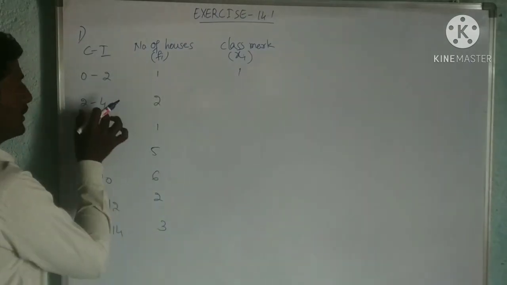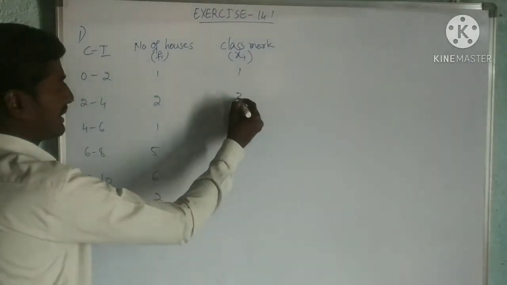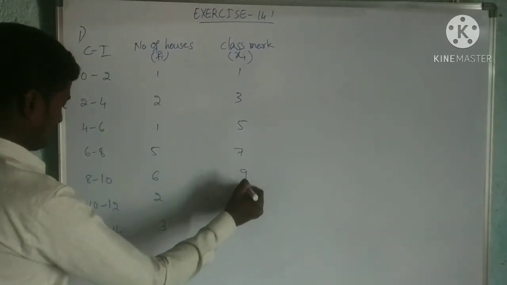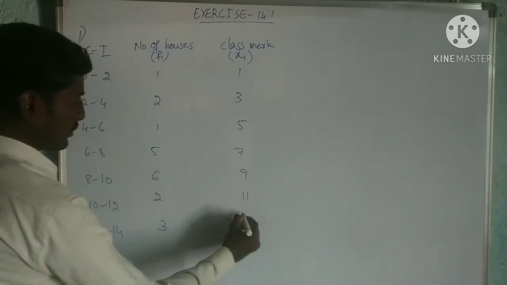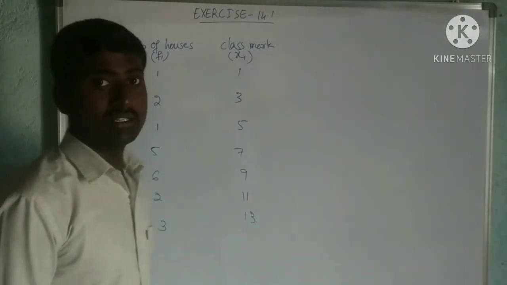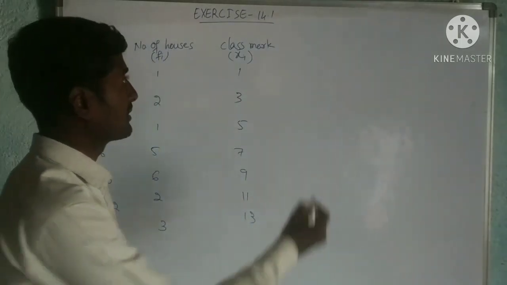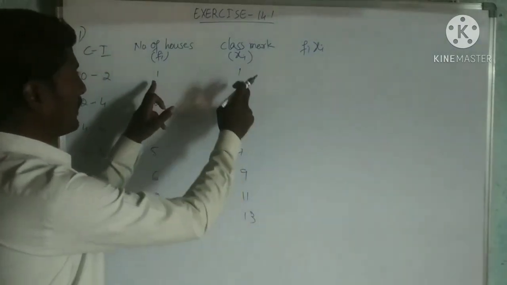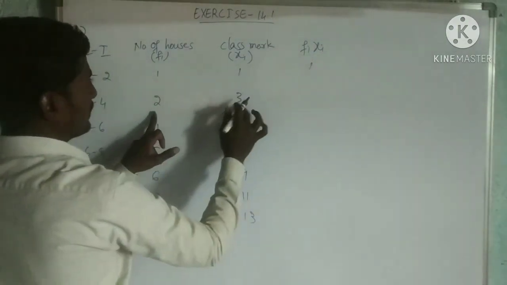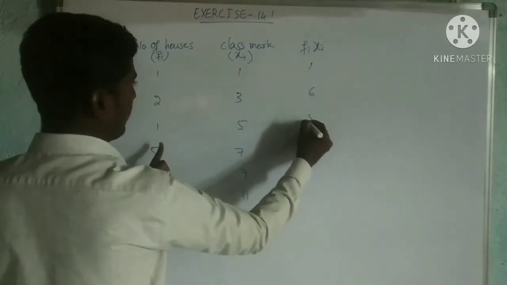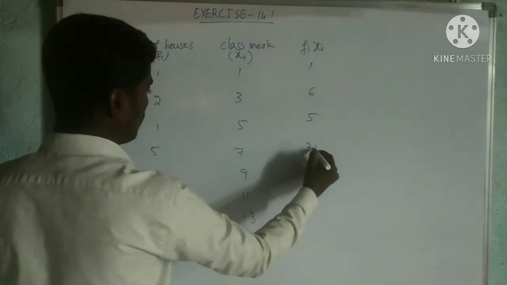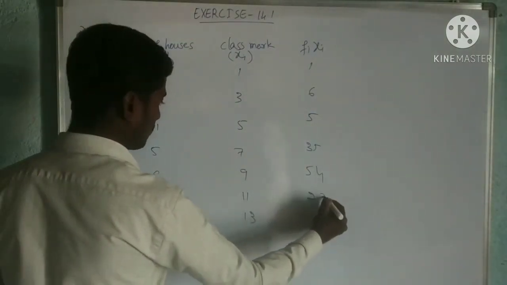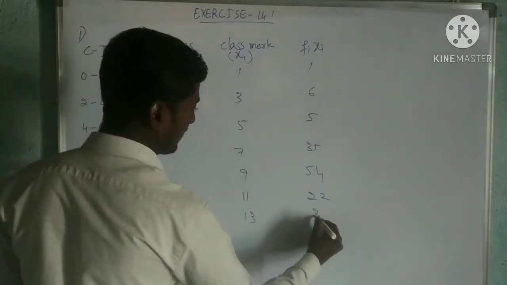That is 1, 2 plus 4 is 6 divided by 2 is 3, 5, 7, 9, 11, and 13. Then I want Fi xi, so the next column is Fi into xi, multiplying these two: 1, 2 3s are 6, 5 1s are 5, 7 5s are 35, 54, 11 2s are 22, 13 3s are 39.